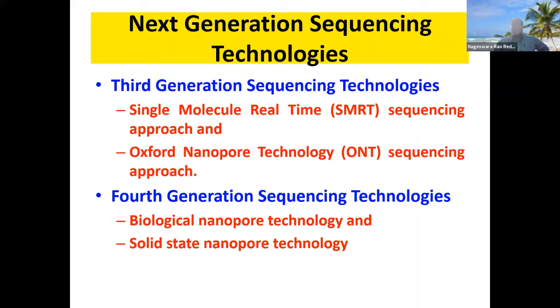So if you want to sequence your genome and segregate it according to chromosomes in higher animals, we should go for fourth generation sequencing technologies like biological nanopore or solid state nanopore technology. Then we can get a genome map, which is a high resolution map. So this is the fourth generation.